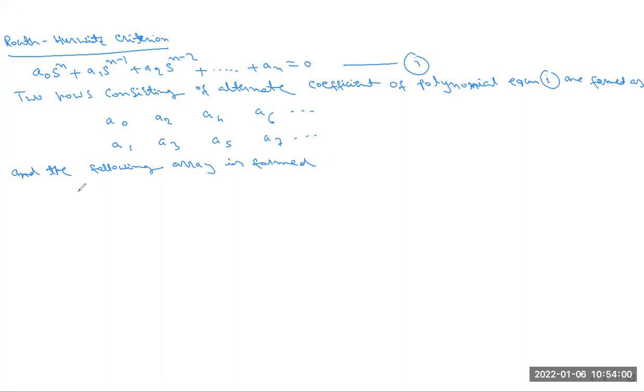This is basically the highest order, that is s to the power 6, then s to the power 5, s to the power 4, s to the power 3, s to the power 2, s to the power 1, and last s to the power 0. Okay, so now we have to calculate first the a0 even position, a2, a4, a6. Then the odd position, this is a1, a3, a5, and so on. These are the continuing process.